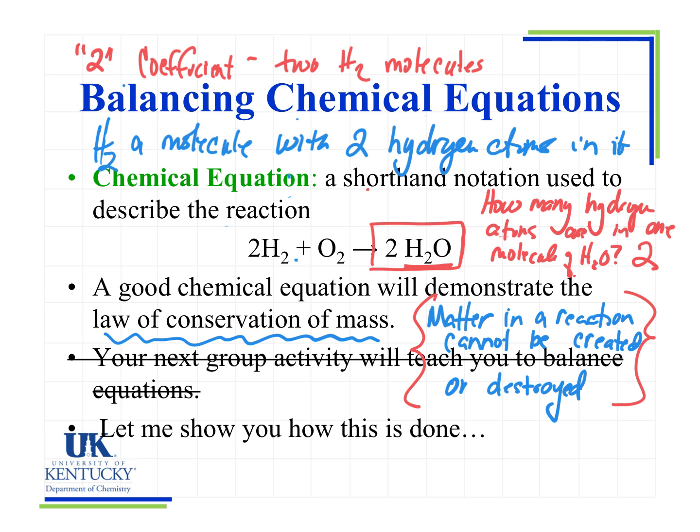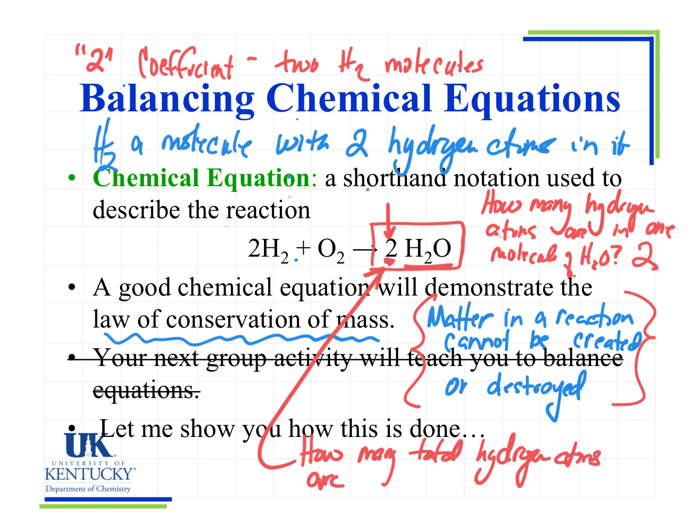So now we get the coefficient involved. Again, in this case, we have a coefficient of 2. This is telling you that there are 2 water molecules. If there are 2 water molecules, then how many hydrogen atoms total do we have right here? So let's put an arrow and ask the question, how many total hydrogen atoms are on the product side?